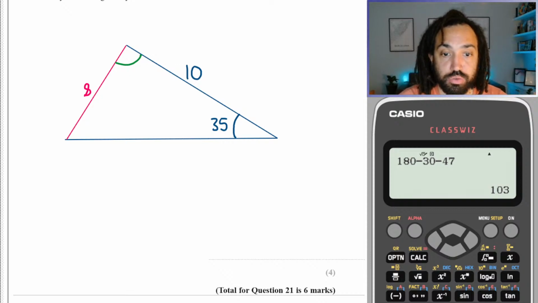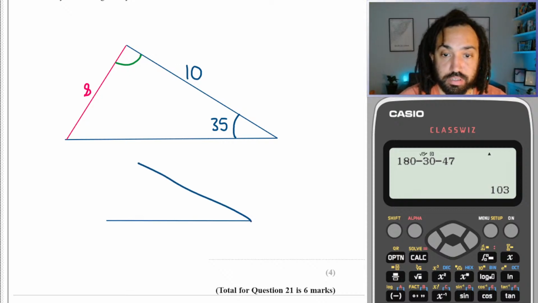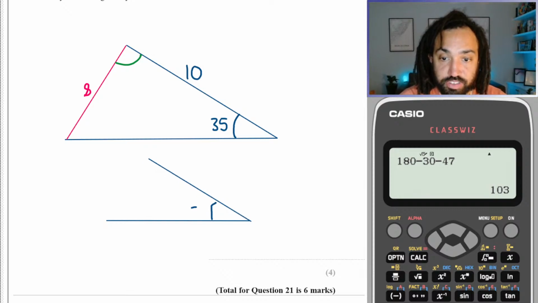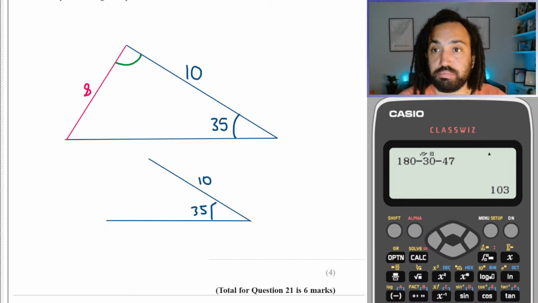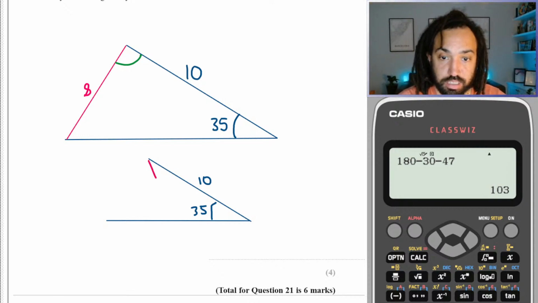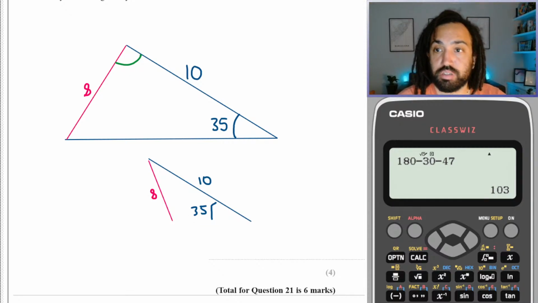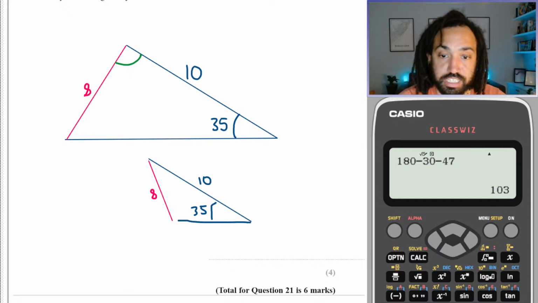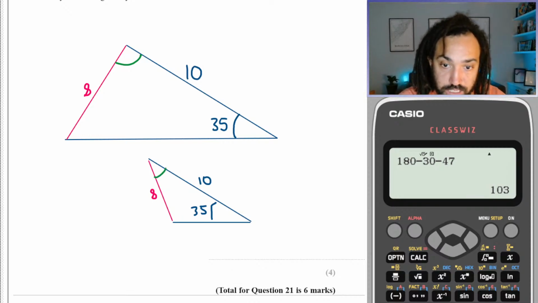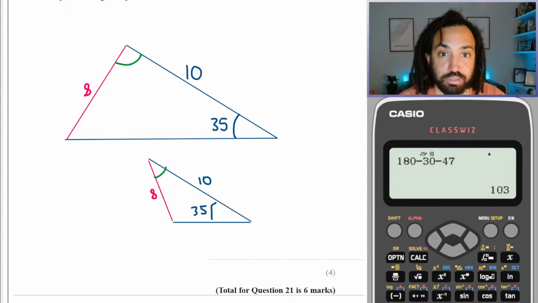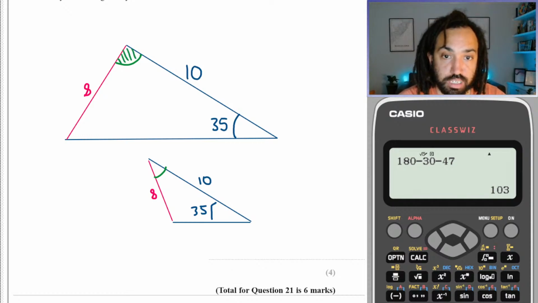Or you could have, again, a 35 degree angle and a 10, but this time the 8 side looked like that. Now these two triangles have the exact same information, but they have different green angles. This one is obtuse, this one is acute.